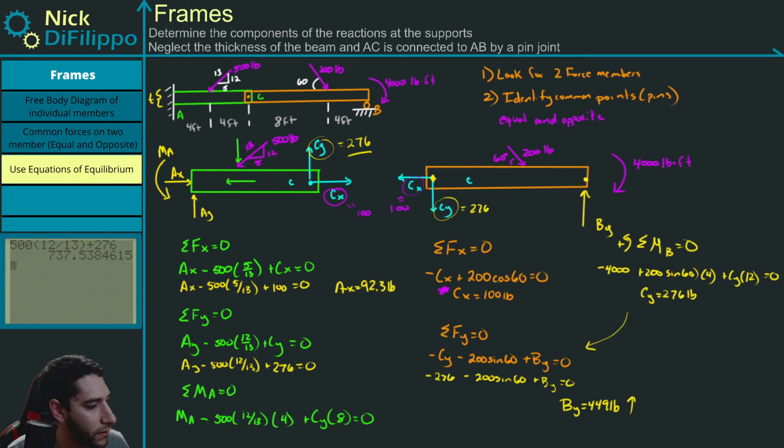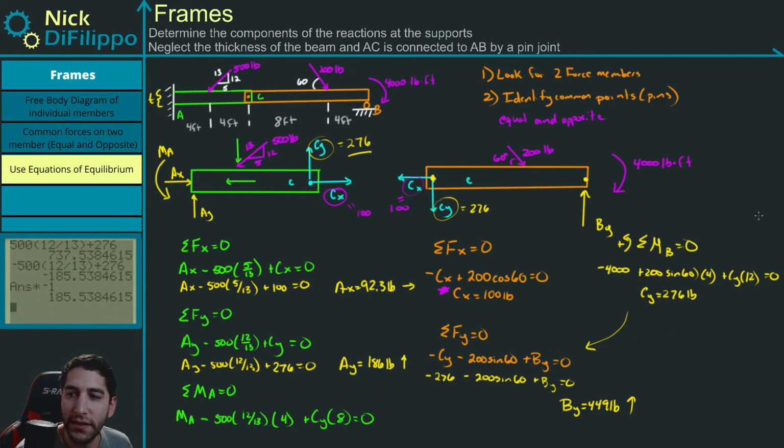Nope, I forgot the minus. Bring it to the other side. And we get that AY is equal to 186 pounds. So AY is positive, so we know what direction these are pointing.